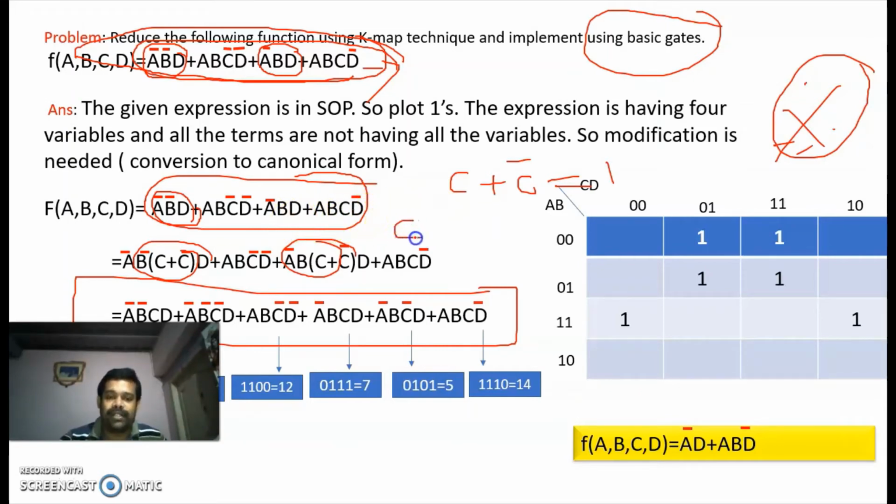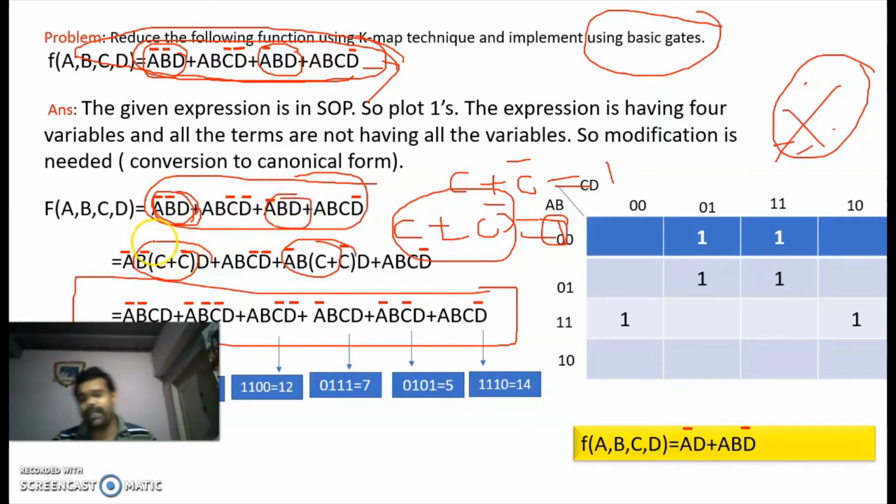So what is C plus C bar? C plus C bar is equal to 1. So the missing literal is C. So we are multiplying C plus C bar, that is nothing but 1, with this term and this term, and we are converting that into standard form.